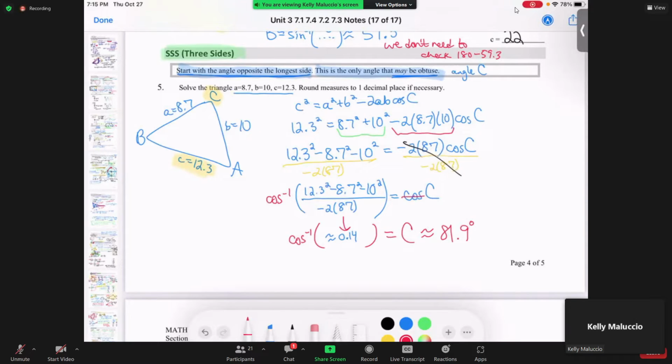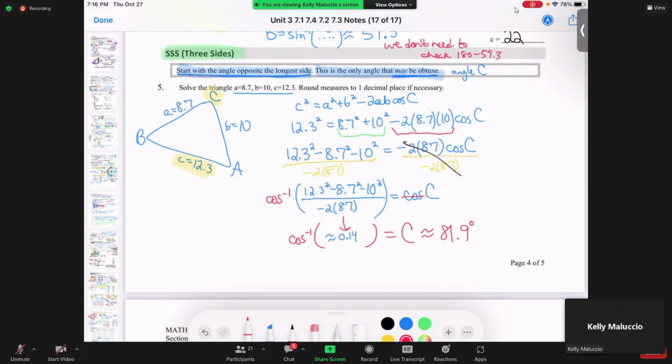So now I have capital C, and I can find the last angle, right? To find my last angle here, oh wait, I only have one angle. Oh my gosh, I'm losing my mind.